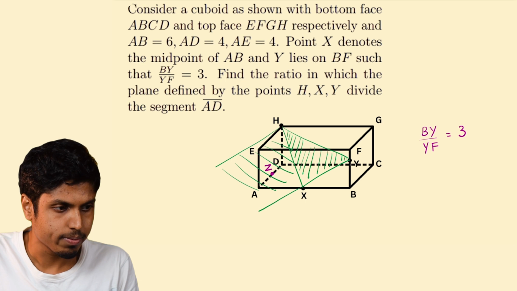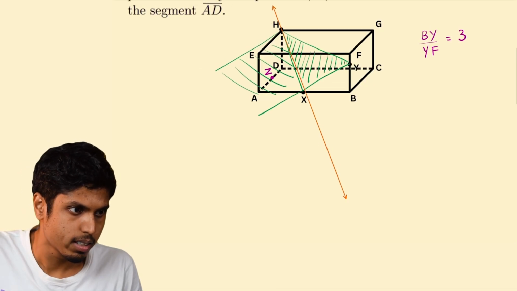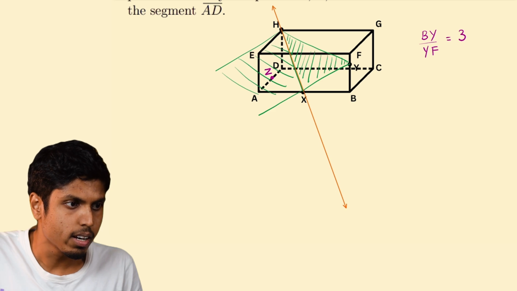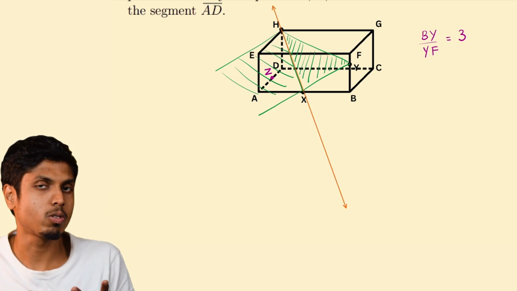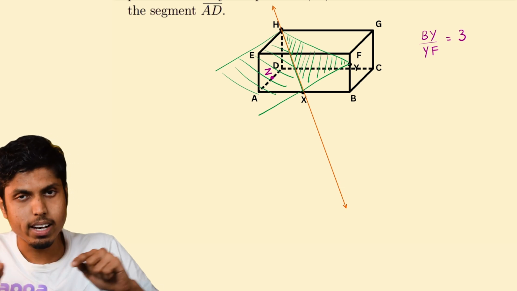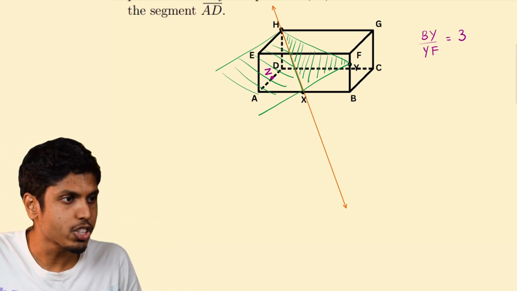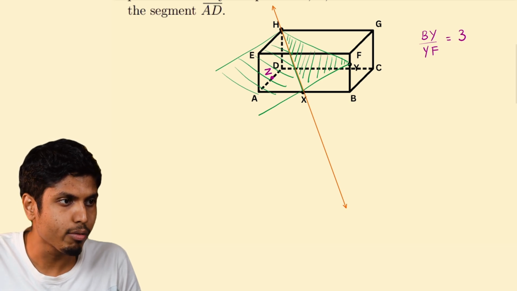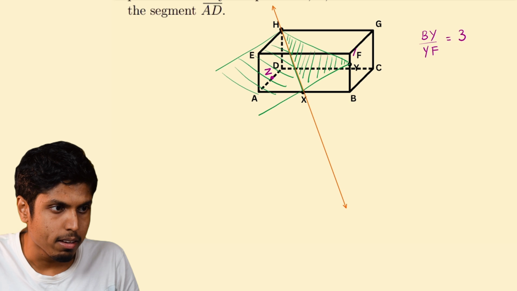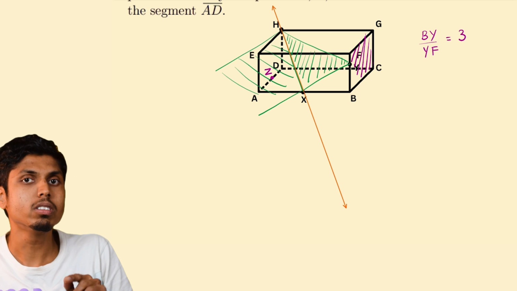So consider the line HX. Clearly, the line HX lies on the plane because 2 points lie on the plane. So since the entire line HX is now on the plane, the intersection of this line HX with the plane defined by BCGF will also lie on this plane.